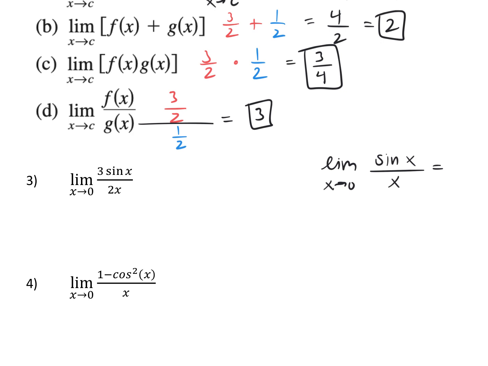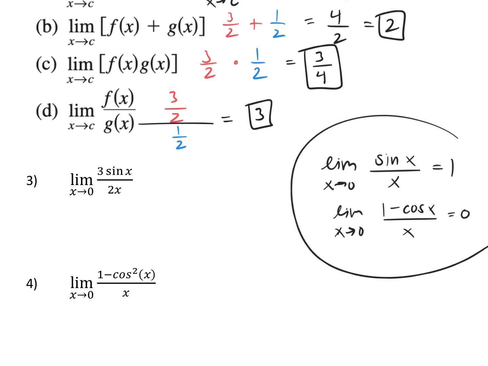And also, just for you to think about, if it was written the other way, if it was x over sine of x, it would still be equal to 1. Okay? And then we've also got the limit as x approaches 0 of 1 minus cosine x divided by x, that one equals 0. So those are your trig properties from the previous page.